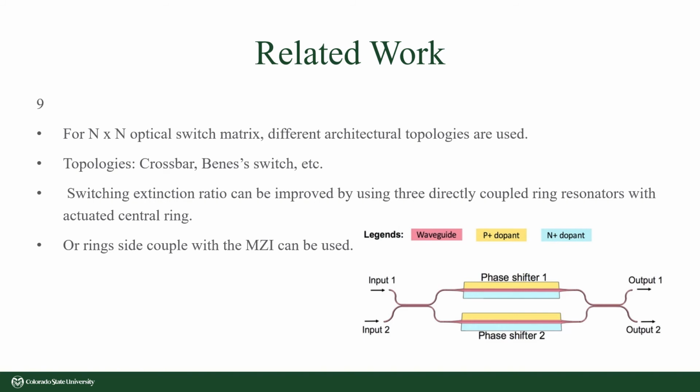Both these techniques have passbands which have sharp edges, and they improve the switching extinction ratio. High-speed optical switching can be achieved in these techniques by tuning the external coupler. The image in this slide is a schematic of an MZI based switch.